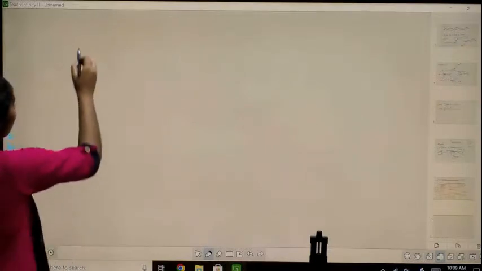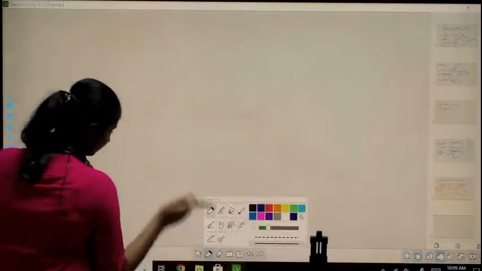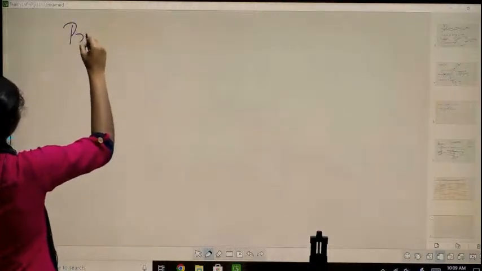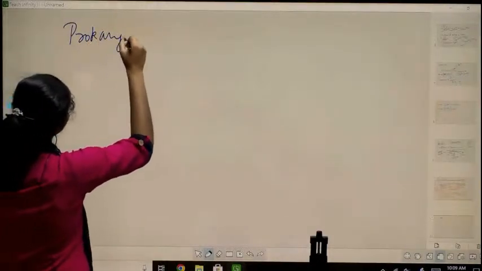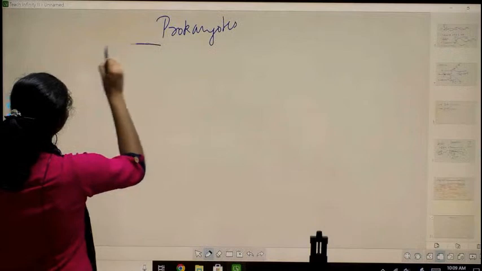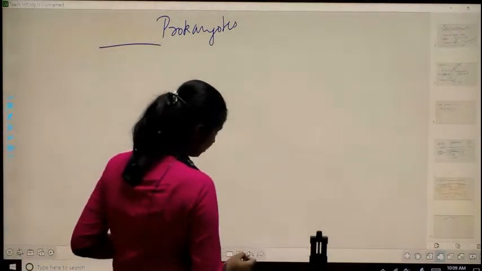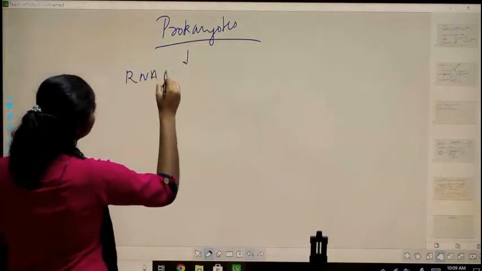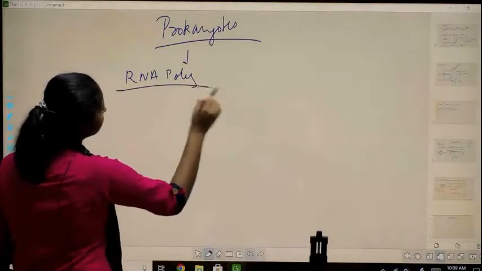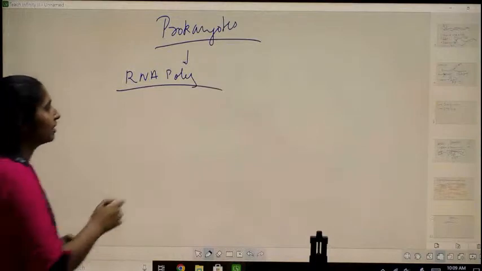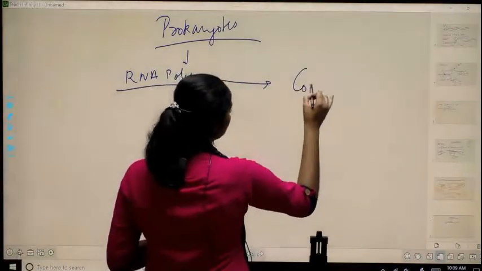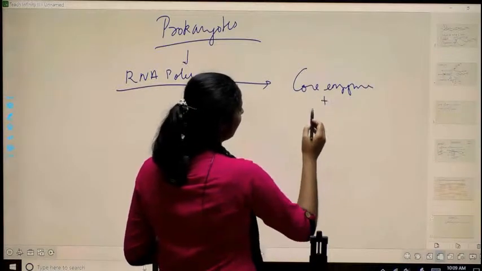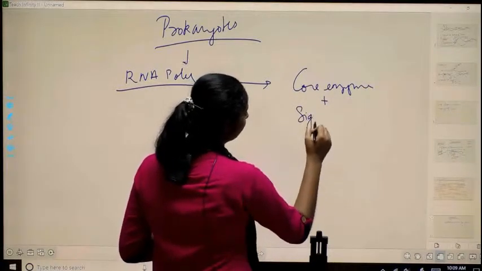So in prokaryotes, I had told you that they have just one particular RNA polymerase, right? Now this RNA polymerase has a core enzyme part, and to this they have a sigma factor.